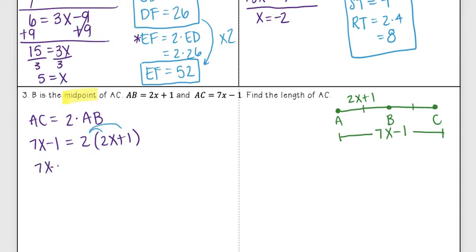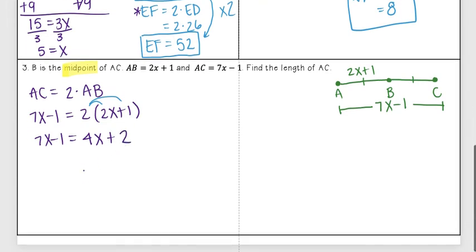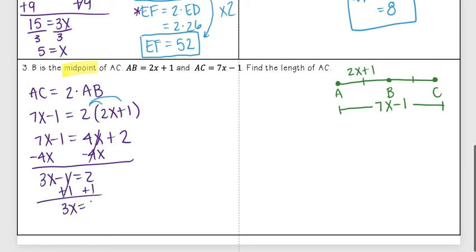So I have 7x minus 1 is equal to 2 times 2x, which is 4x. 2 times 1, which is 2. Subtract 4x. Add 1. And then divide by 3. And I get that x is equal to 1.